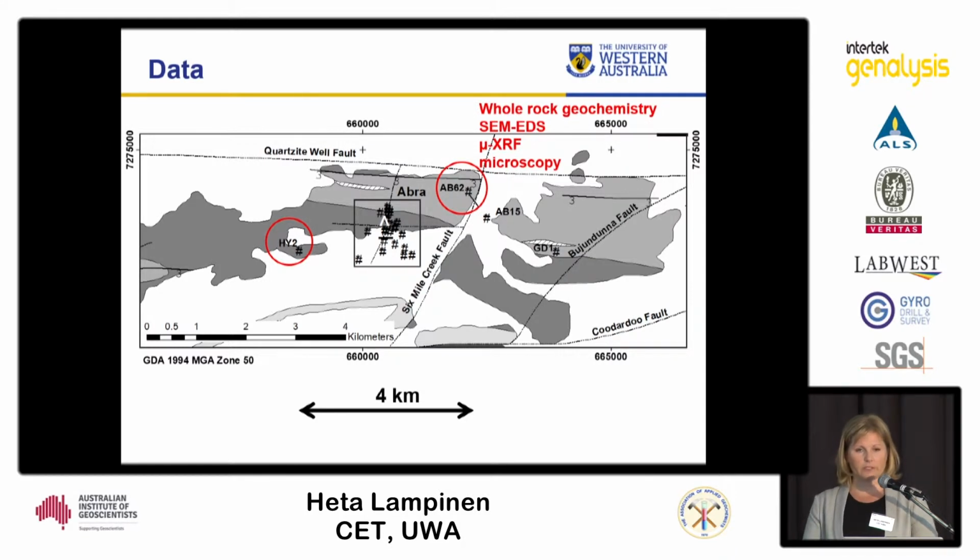I used the AB62 data for validation because it already had a consistent whole rock geochemistry record and it was the least altered, so least messy, so I could get some idea of what's primary and what is later.